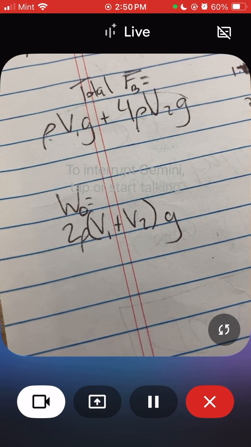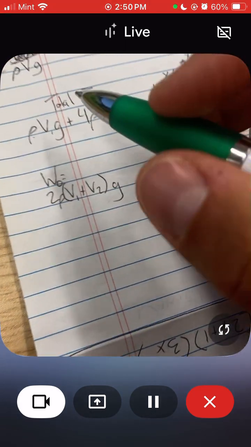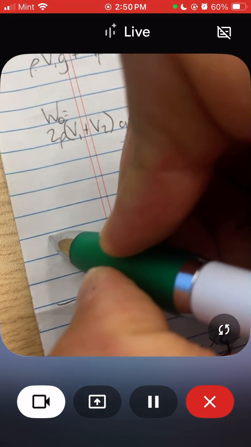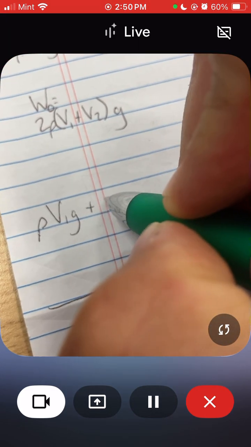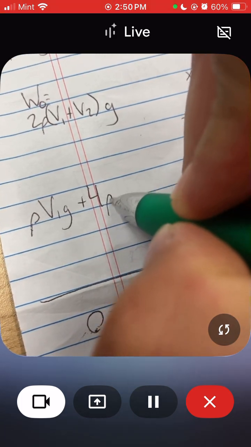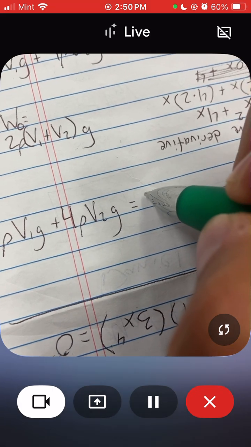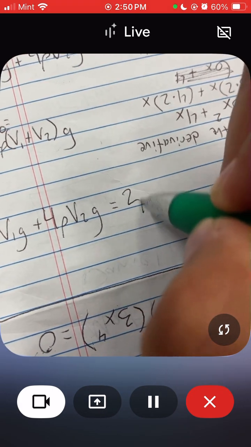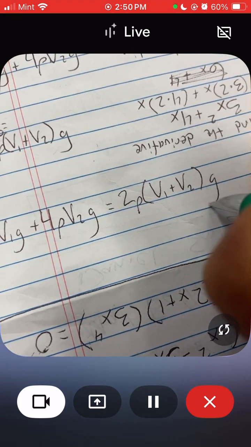Sounds great. Fire away. Okay, so I'm going to open up this paper here. So I'll go the force of the buoyancy, rho V1 g, plus 4 rho V2 g equals 2 rho (V1 plus V2) g.